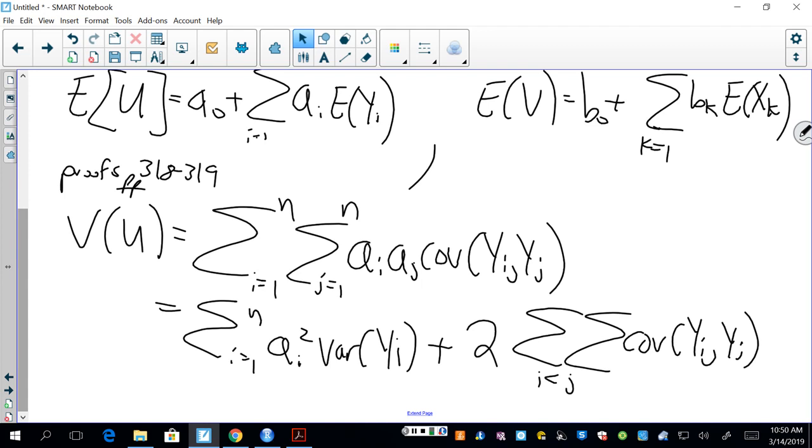Something similar happens to V, right? The variance here, I'm calling one of these things a V, I don't want to have confusion. So the variance of that V is going to be similar, except it's going to be a sum over the indices for that one, and there's going to be a V term here and covariance of the x's. So I'll write that one just on the next page.